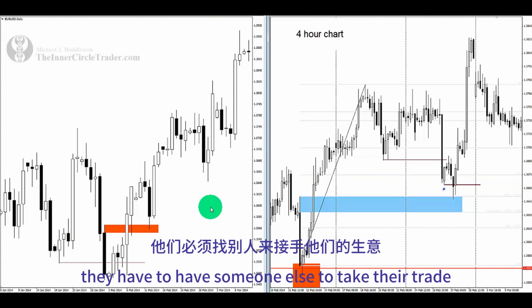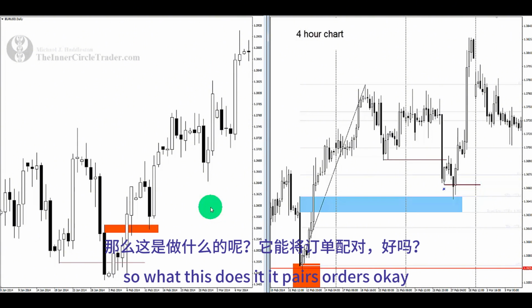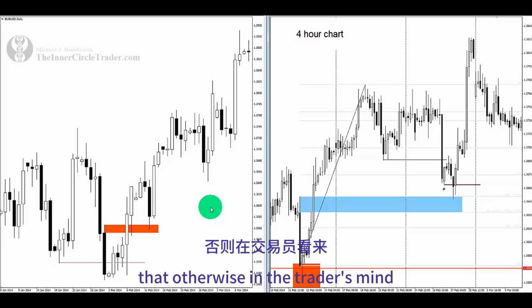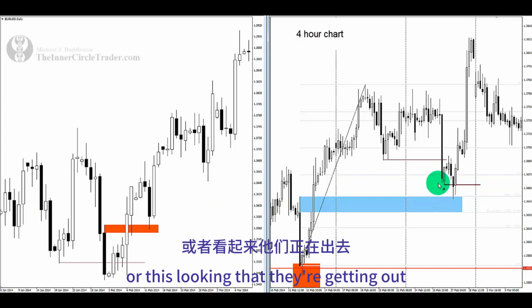They have to have someone else take their trade. So what this does is it pairs orders, and it forces and engineers liquidity in the marketplace that otherwise, in the trader's mind, they're just looking at that they're getting out.